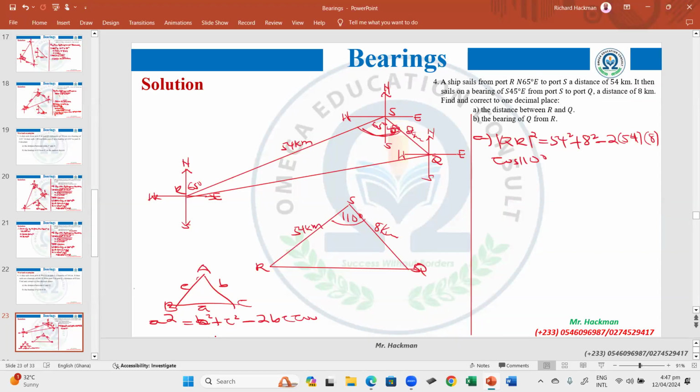The angle will always be the angle opposite the side that you are looking for, so in this case the angle at A. If you are looking for b, it will be b squared equals a squared plus c squared minus 2ac cos of the angle at B. And same for c. Is my point well made now?